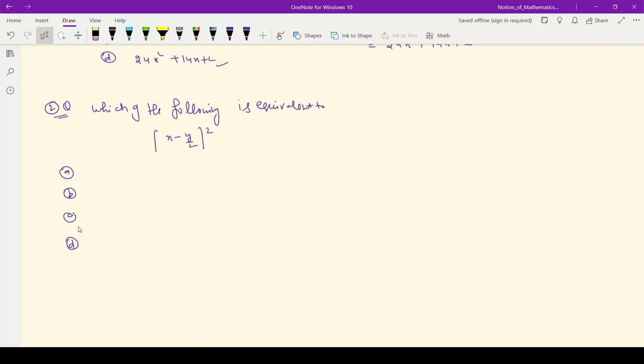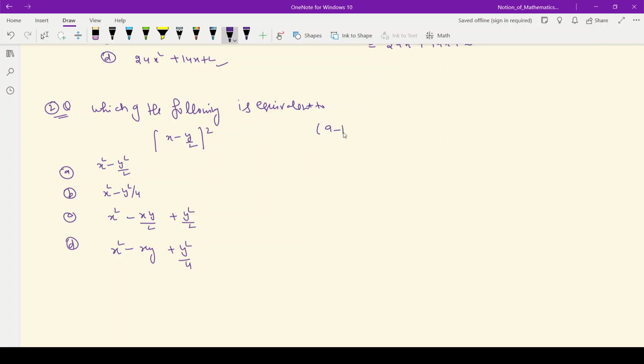The first option is x square minus y square by 2, then another is x square minus y square by 4, option C is x square minus xy by 2 plus y square by 2, and option D is x square minus xy plus y square by 4.